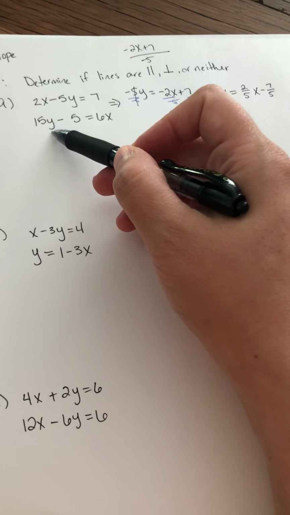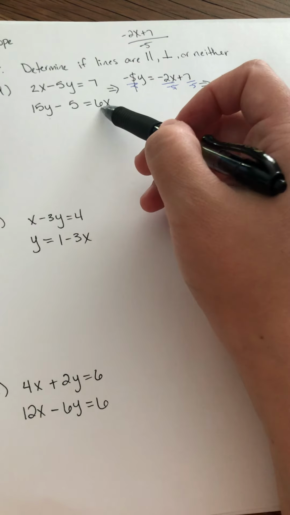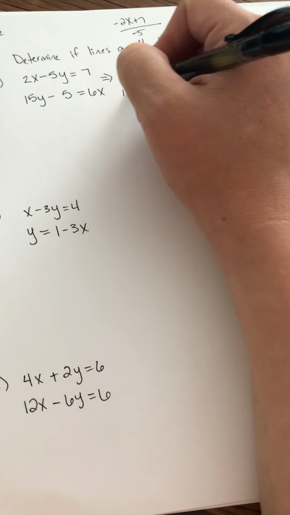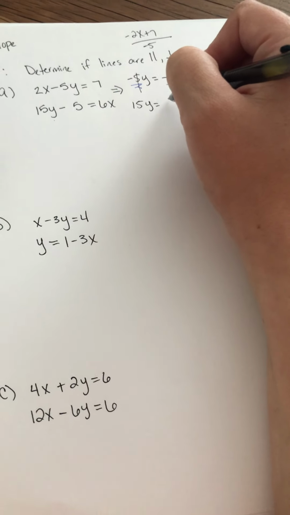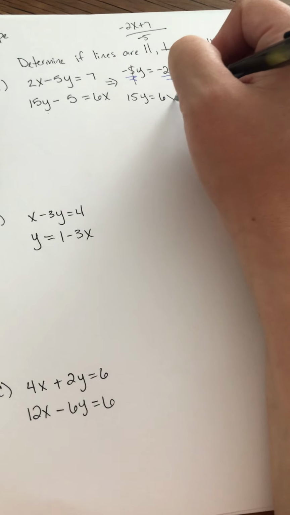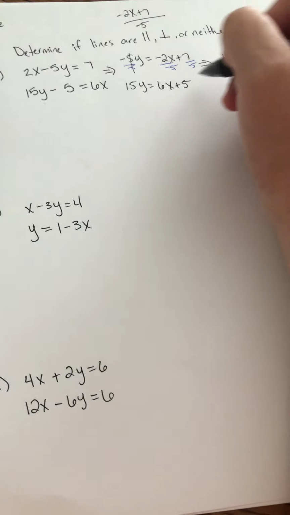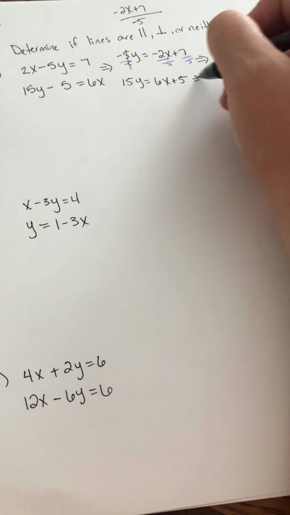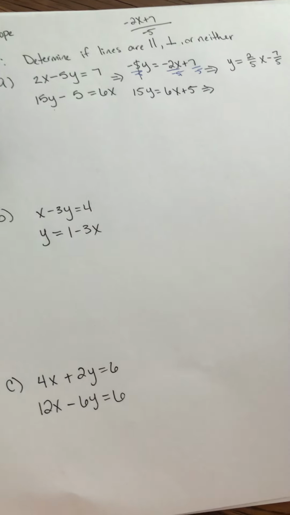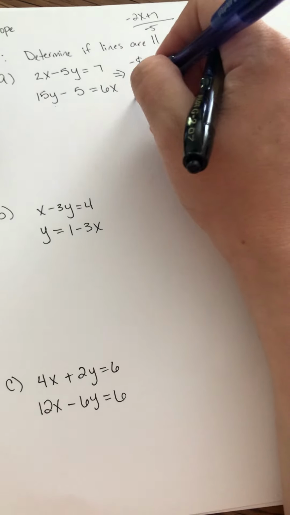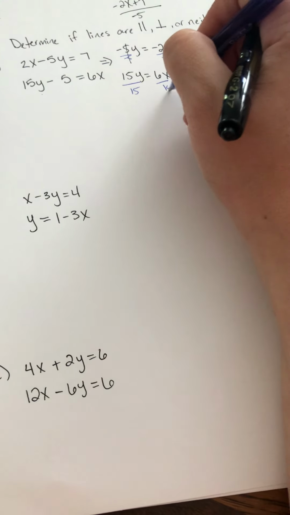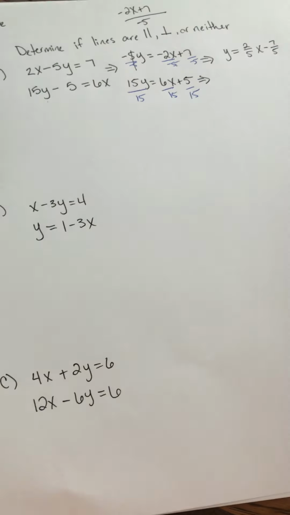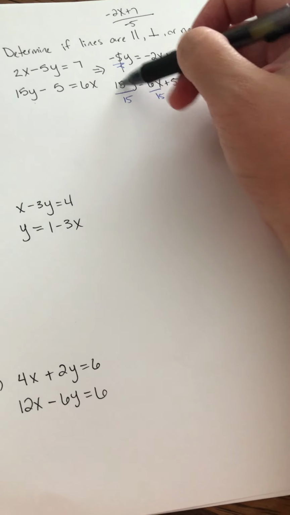And then to do the second one, I would need to add 5 to both sides. So I have 15y is equal to 6x plus 5. And then my last step would be to divide by 15. And again, instead of writing it as one fraction, you want each piece because you need the slope. So 15 cancels here.